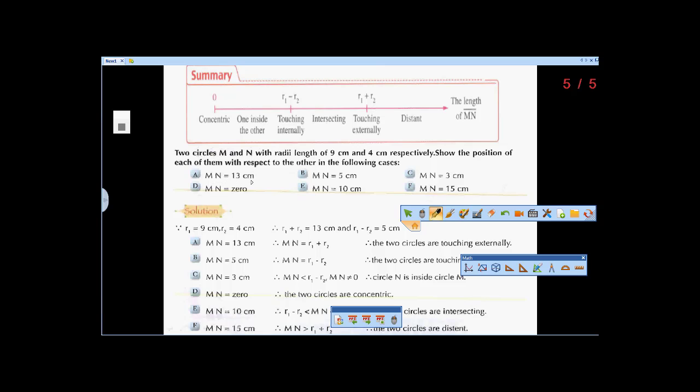But before I solve this exercise, I must find R1 minus R2. It means 9 minus 4, it will be 5, like this. And R1 plus R2 will be 13. So I can write here 5, and here I can write 13.